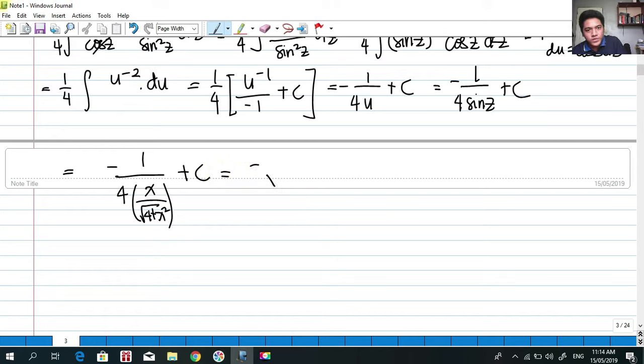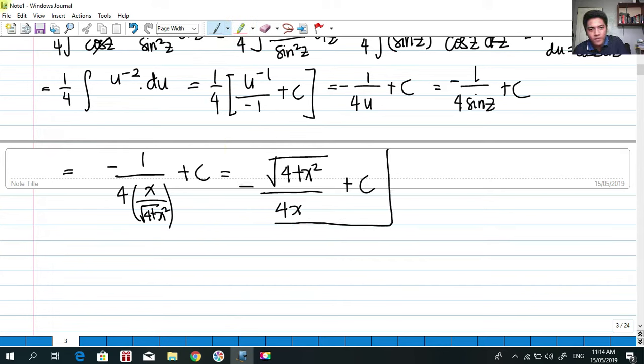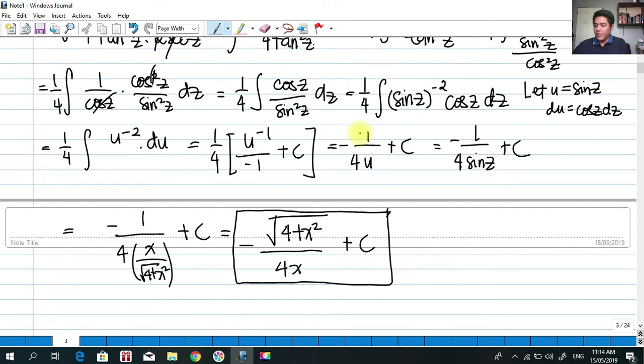Negative of square root of 4 plus x squared over 4x plus c. Let me just rewrite this negative more neatly here. And this is our final answer. So basically, that is problem number 1.